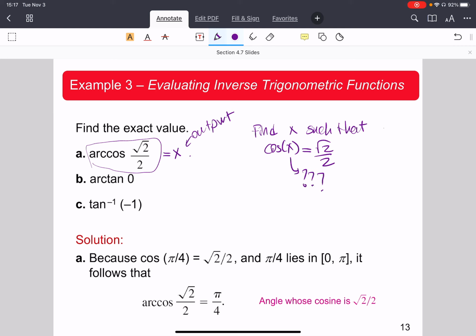The way I find that is I look at my unit circle and I realize that pi over 4 or 45 degrees will give me square root of 2 over 2. So that means this guy must be x. Then the thing that I need to make sure is whether pi over 4 is in the domain of cosine and therefore the range of arccosine.